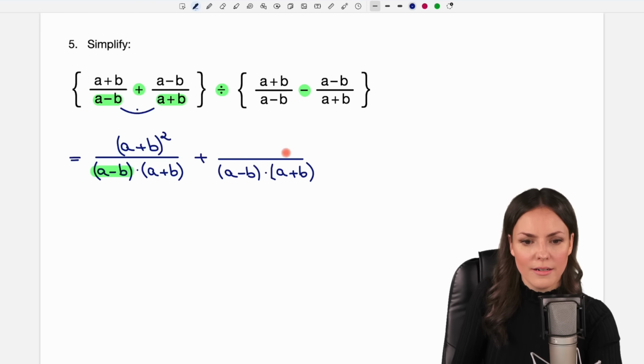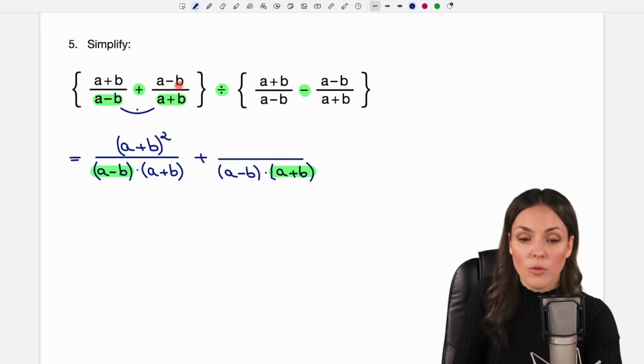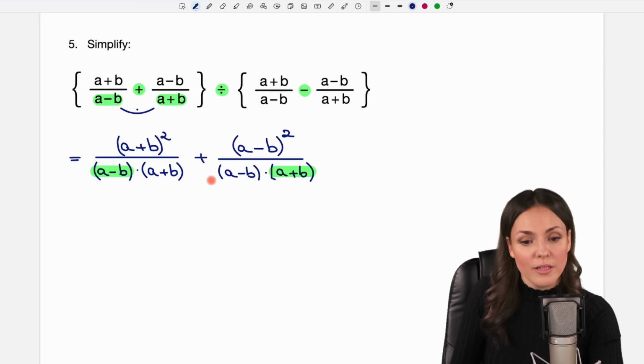And the same here, we had a plus b, but we multiplied by a minus b, so we have to multiply the numerator as well by a minus b. There was already an a minus b in here, so now with the second one, we get an a minus b squared.